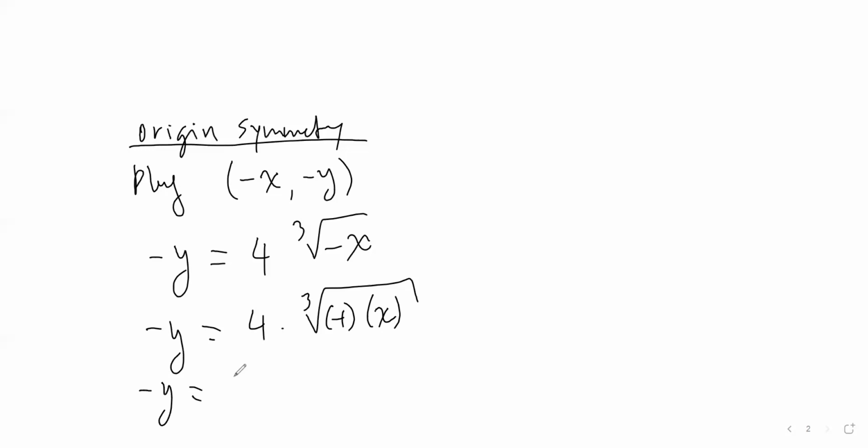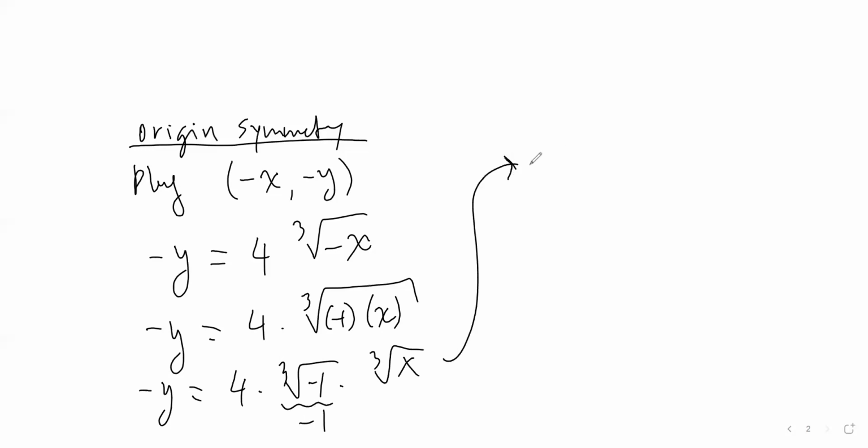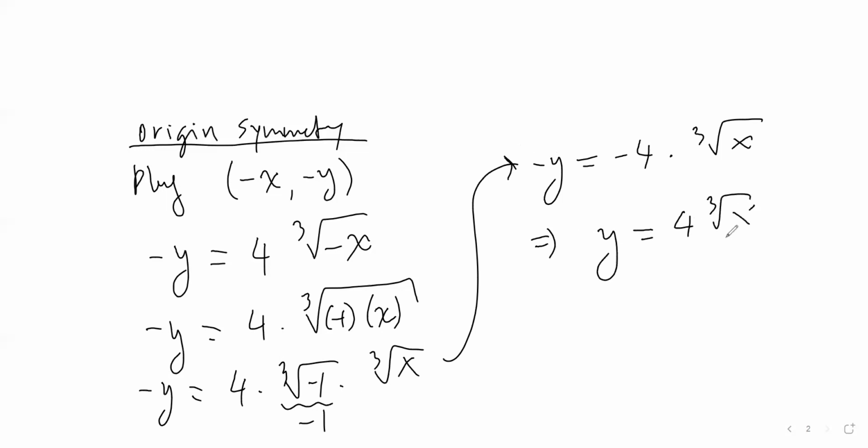Negative y equal to 4 times cube root of negative 1 times cube root of x. But this guy is negative 1, so therefore we'll have negative y equal negative 4 times cube root of x, which you can multiply both sides by negative 1, and you will go back to the original one.